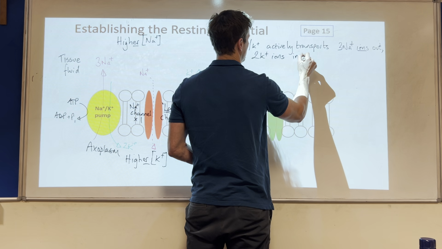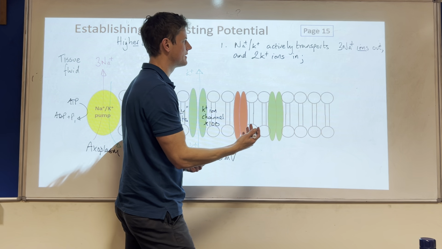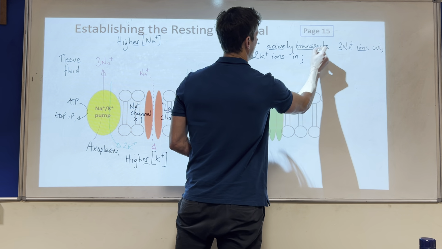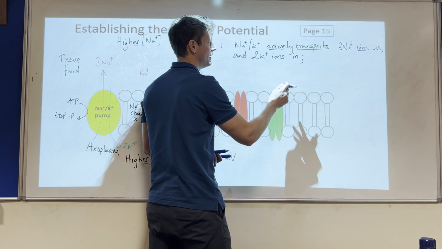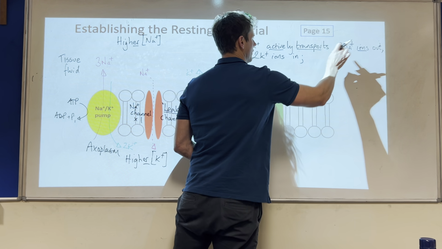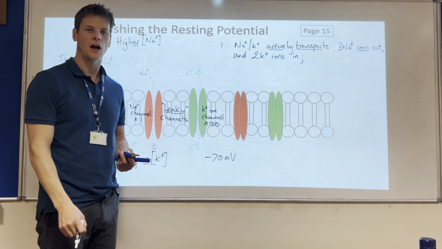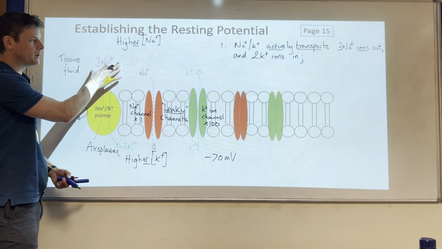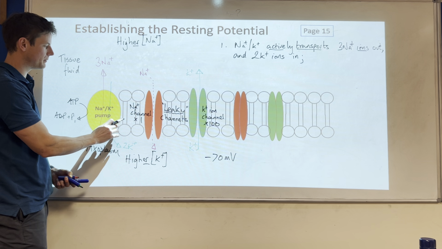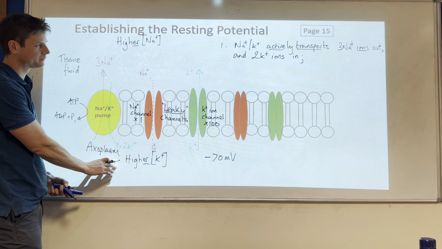Okay, so we've got a few things in this sentence. We must refer to active transport. We must refer to ions, and obviously you need to get the direction of those ions the right way round. Sodium ions are moving outwards, potassium ions are moving back in.